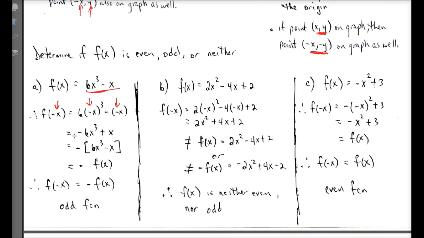So with example A, you see that whenever we plug negative x into our function f of x, we replace x with negative x, and so of course negative x quantity cubed is just negative x cubed, and so negative x cubed times 6 ends up being negative 6x cubed.